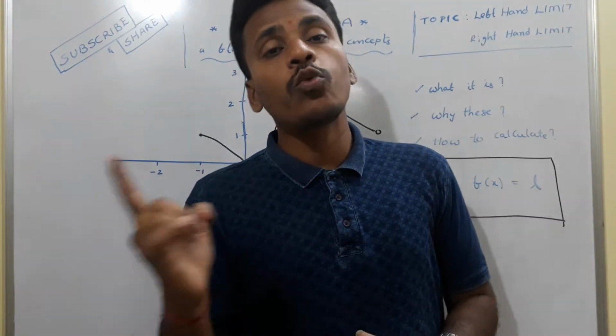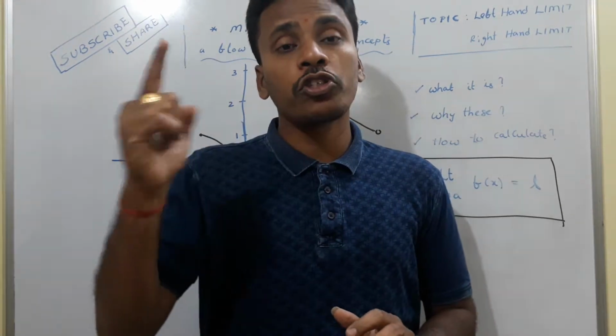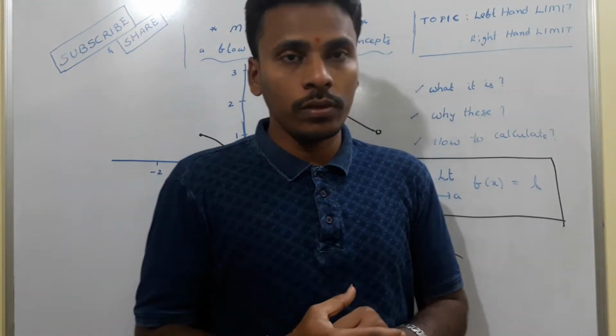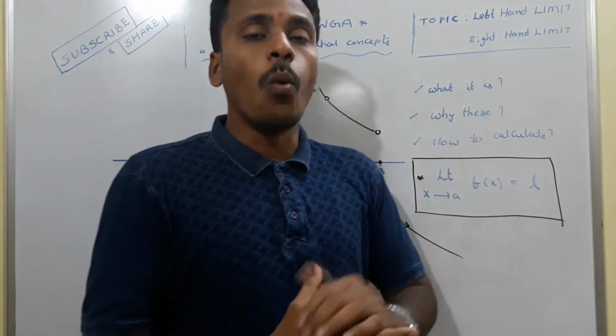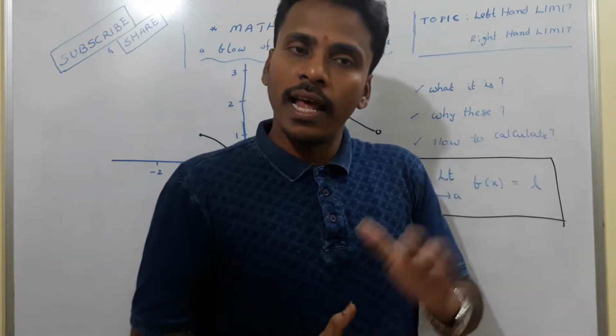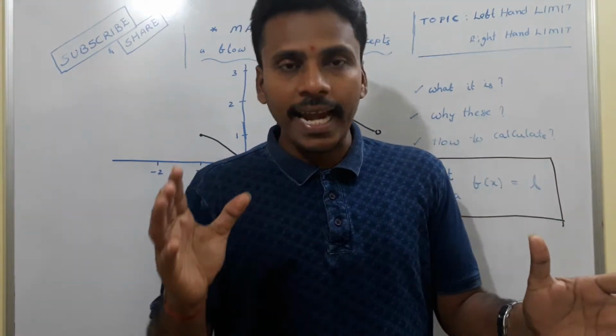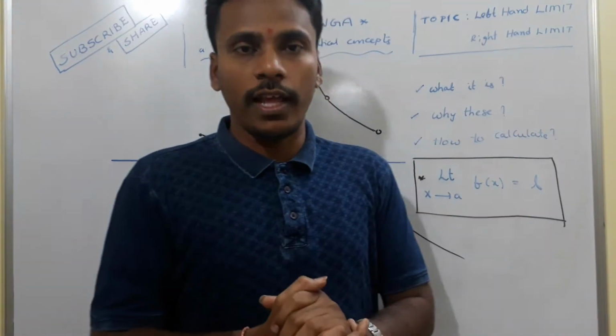If x is running towards a from the right hand side and f of x is approaching some other number L2, that means the left hand limit of f of x is L1 whereas the right hand limit is L2. In that case we say the left hand limit exists, the right hand limit exists, but these two are not equal, so we announce that the limit does not exist.